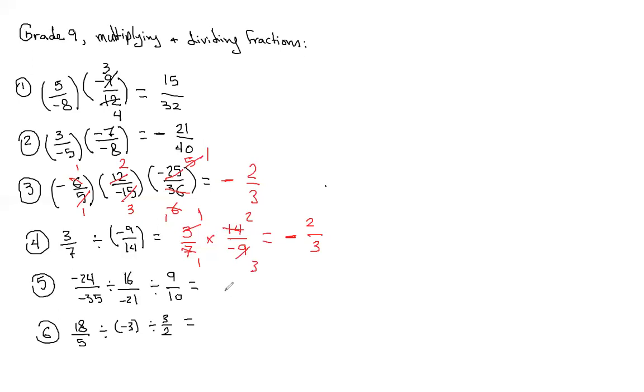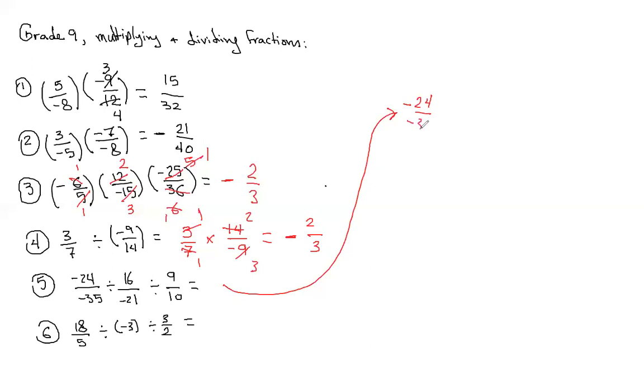Again, with number 5, I'm just going to take this right there so it's not crowding. I'm going to change all division signs to multiplication, and then I'm going to flip the divisor.